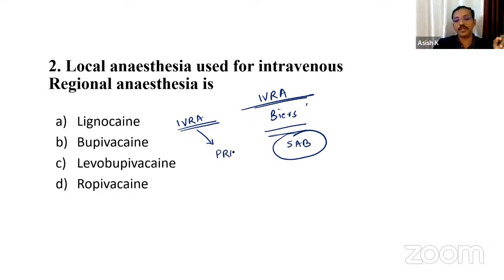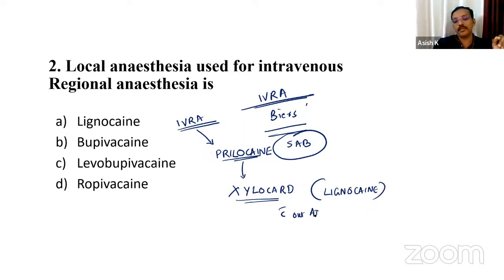If you get such a question, you always search for prilocaine, and if prilocaine is not in your options, then your next option is xylocaine. You call it xylocard or lox card. It is nothing but lignocaine without adrenaline or preservative.